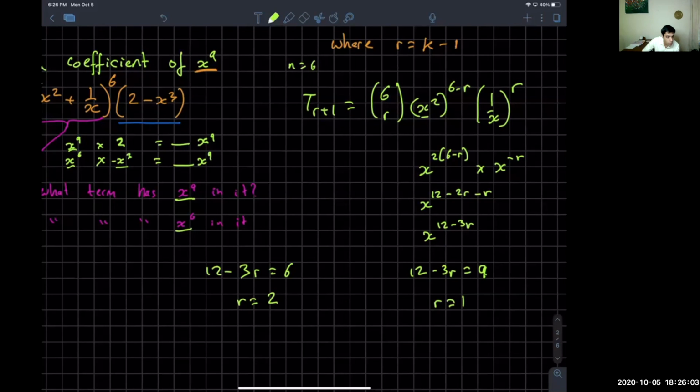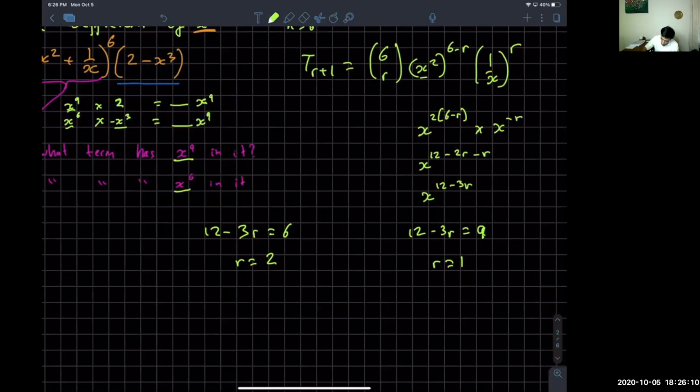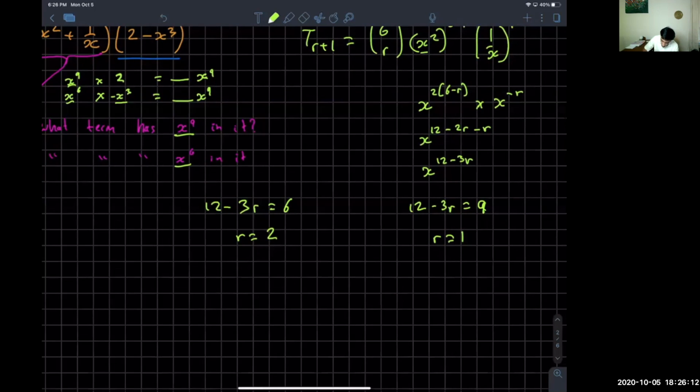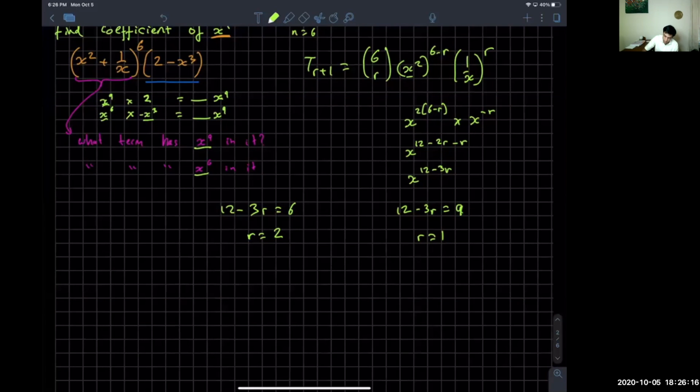Essentially we're looking for when r is 2 and when r is 1. So now we can plug this back into the equation. This becomes T of 2 plus 1, which is 6 choose 2, x squared to the power 6 minus 2, 1 over x to the power 2.